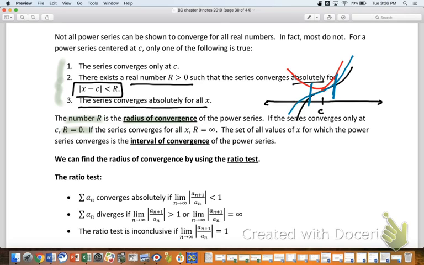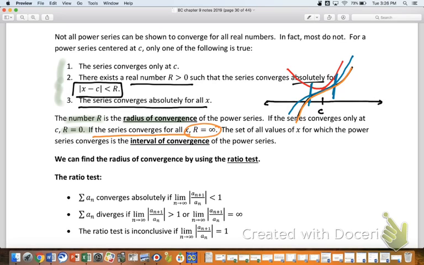Or perhaps, in certain cases, we could have a polynomial that will exactly represent the original function's curve for all values of x. Could be any one of those three possibilities. If the series does converge for all x, then we would say that the radius is infinite. Hopefully that makes sense as well. Converge for all real x.